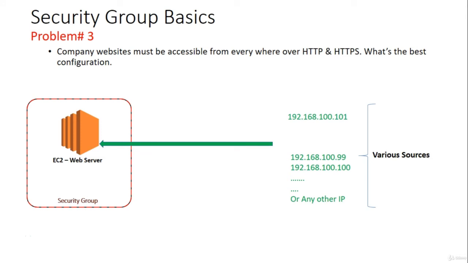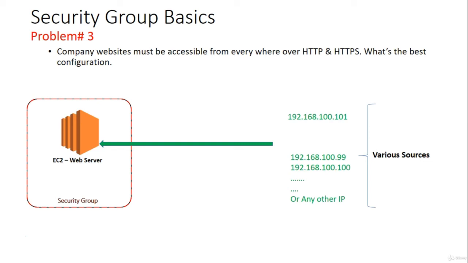Now here's your problem number 3, and this is a bit simpler than the previous two. Here your company website or websites must be accessible from everywhere on the internet over HTTP and HTTPS. Mark this, HTTP and HTTPS, that is HTTP and SSL both.